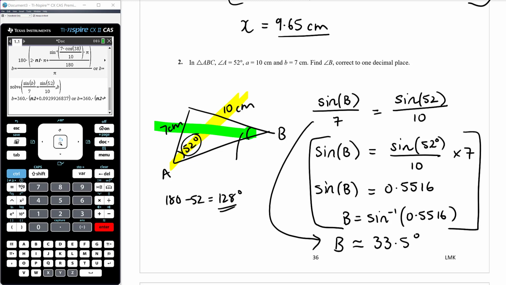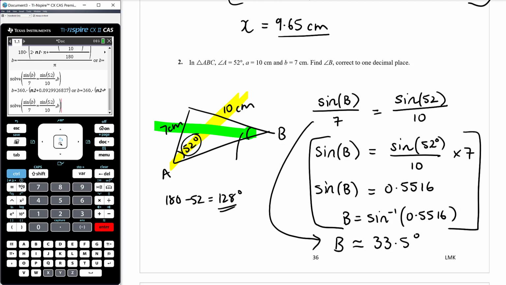And the way we do that, I'm just going to scroll up here and press enter to copy that calculation again. Outside of the solve function, so I've closed off the bracket, I've got my solve, open bracket, equation, comma, thing I want to solve for, close the bracket, and then outside of that, we're going to use given that, so I've pressed control equals. I need this given that symbol, and then I need to tell it that the angle is somewhere between 0 and 128.